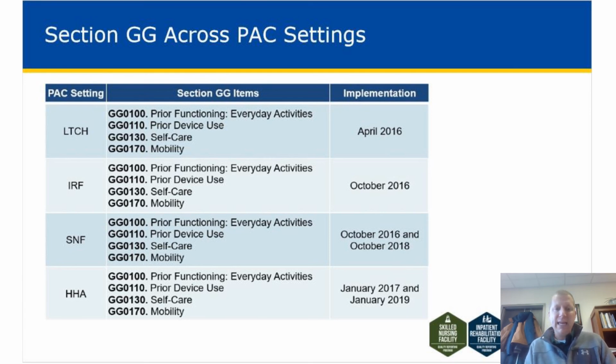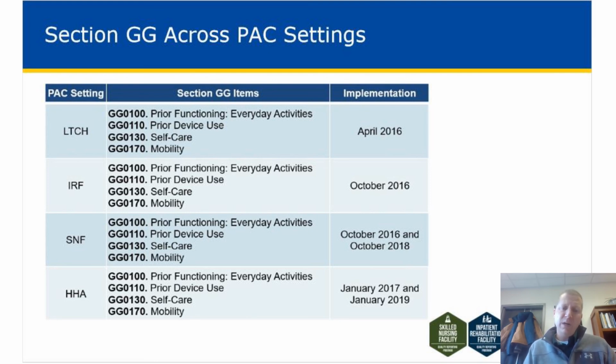So again, looking at the common denominator here, self-care, we're going to focus on that for this section of this course, just looking at how we would assess using Section GG for self-care skills, as self-care skills are assessed quite frequently with OT, and we can contribute to these facilities' data gathering strategies for their organizations by looking at self-care.